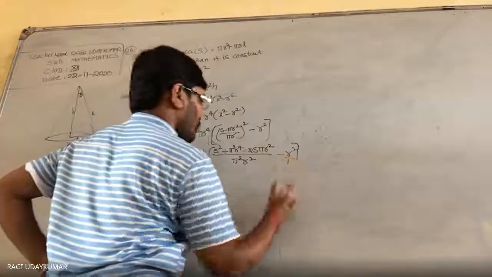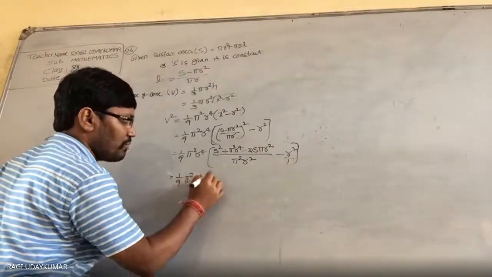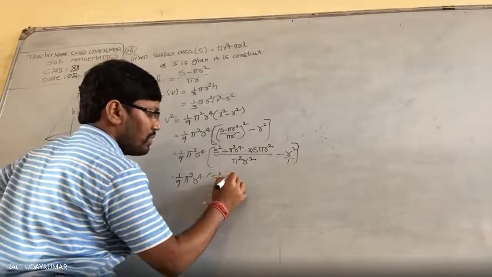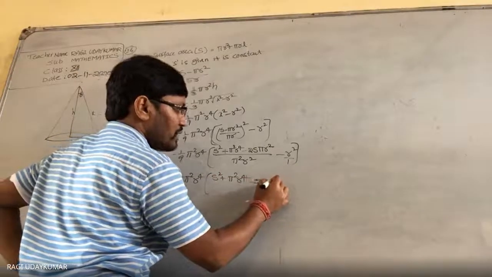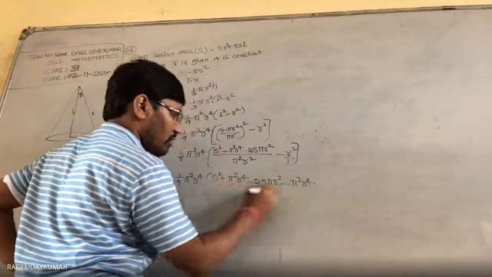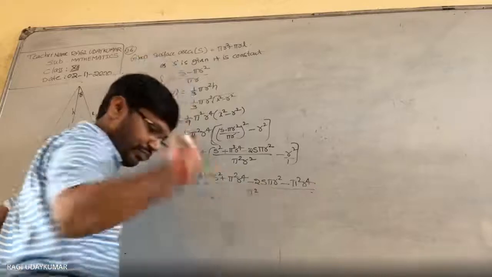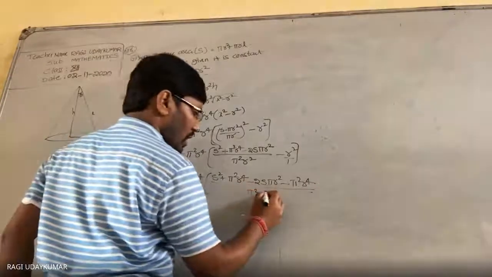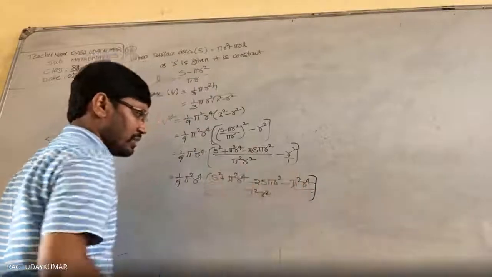LCM. So what do you get here? 1 by 9 pi square r power 4 times s square plus pi square r power 4 minus 2s pi square r square minus pi square r power 4 by pi square r square. देखो ये pi square r square cancel हो जाएगा.